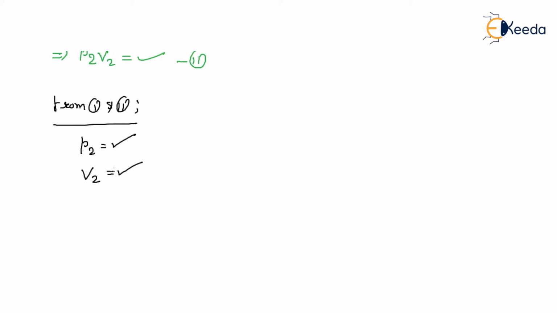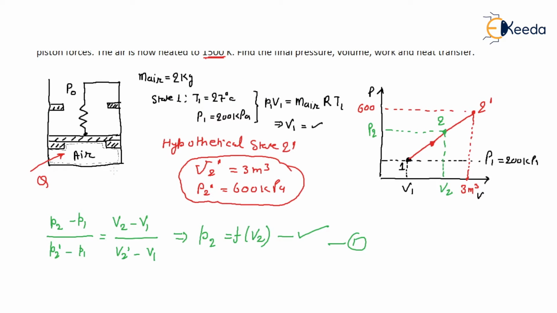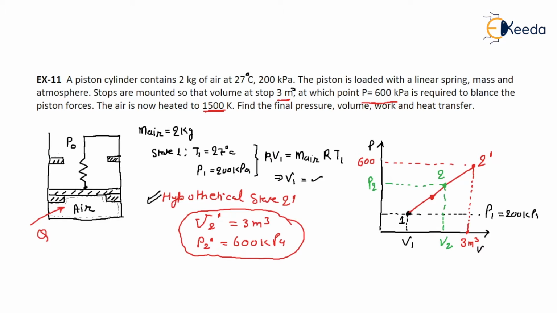Okay, so one thing is that this is your hypothetical state. When the piston is resting at the stop, this is your volume and pressure, but heat is supplied and the air is now heated up to 1500 Kelvin.